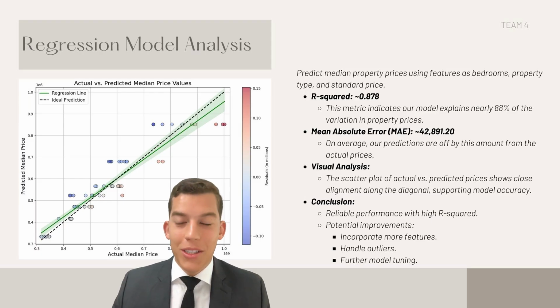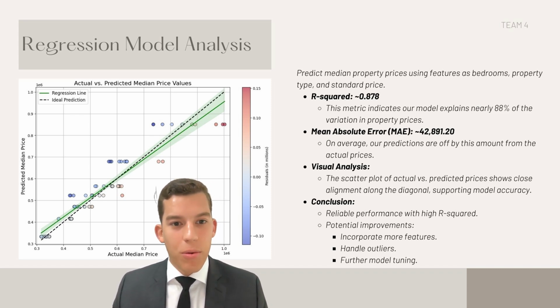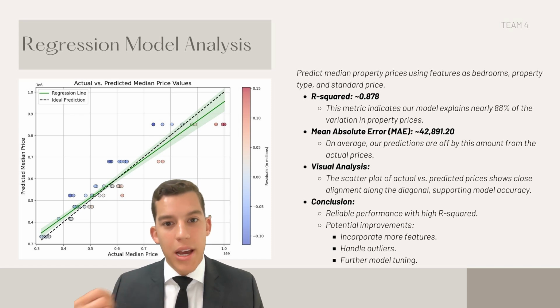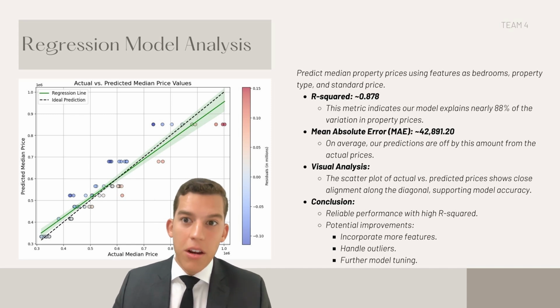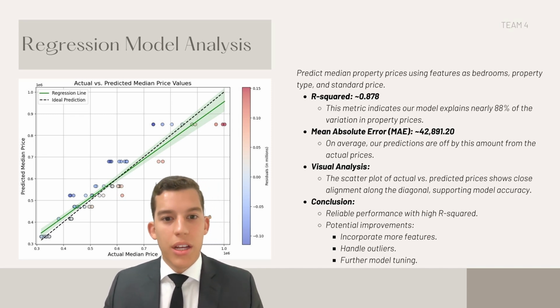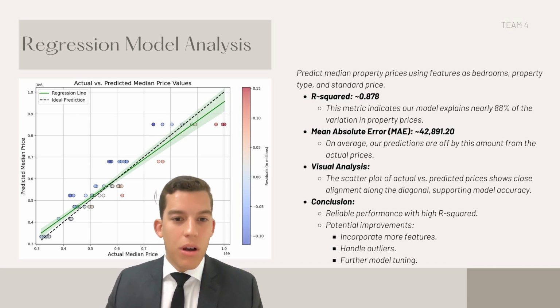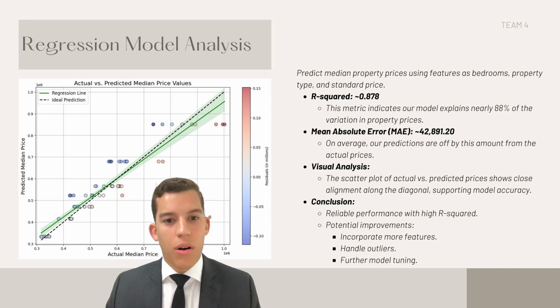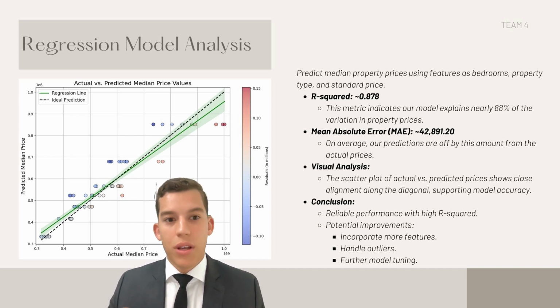In order to predict those prices and the fluctuations, we came up with a regression model analysis. Predicting the median property prices using features such as bedrooms, property types, and standard price, we reached an R-square of almost 0.88, and this metric indicates that it explains nearly 88% of the variation in property prices, with an average error of $42,000 from the actual prices.